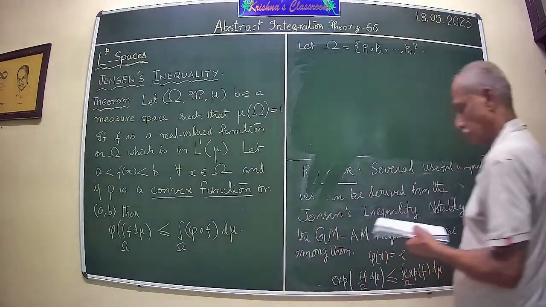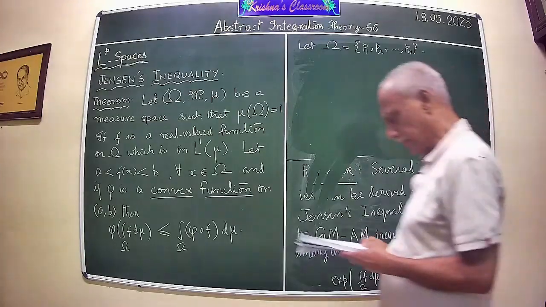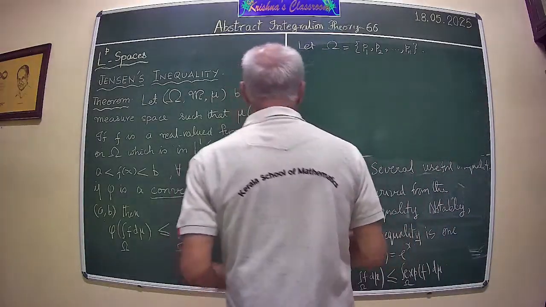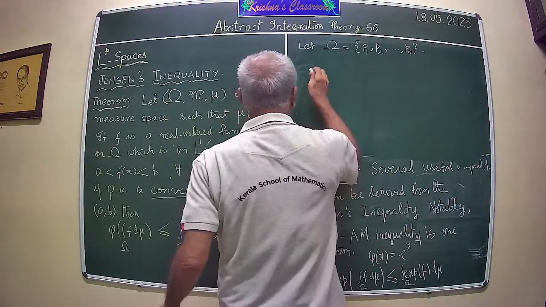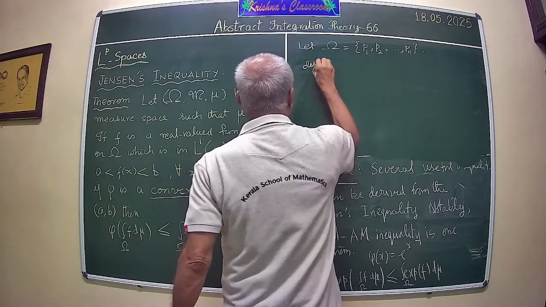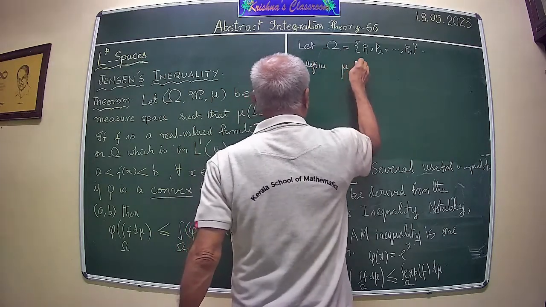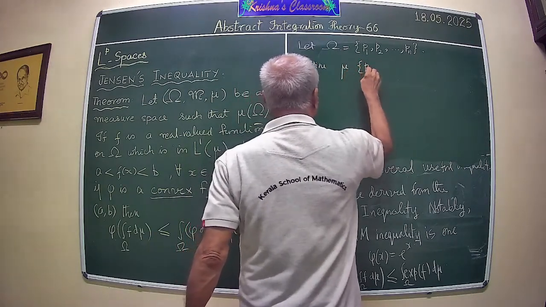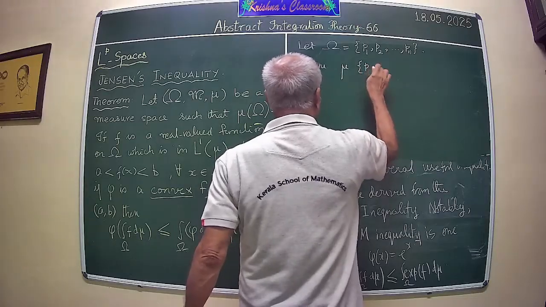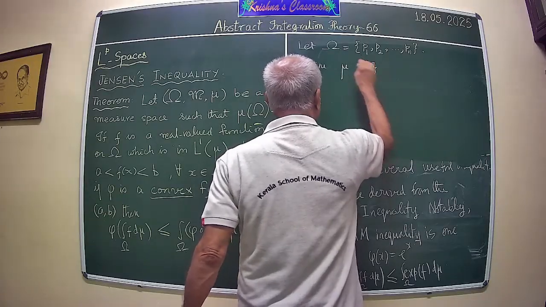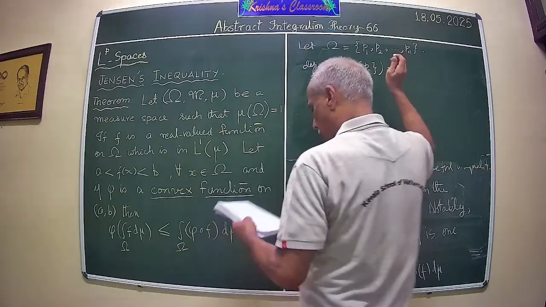Some n real numbers x i. Now mu of each point equal to 1 by n.